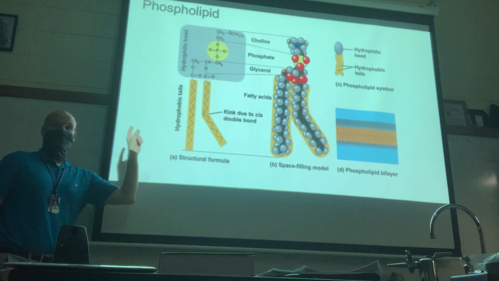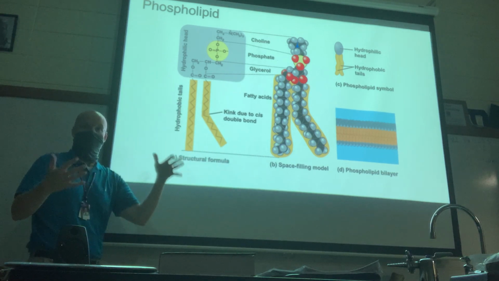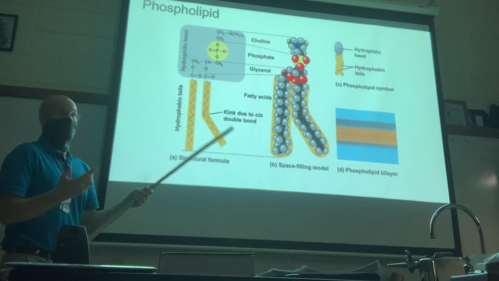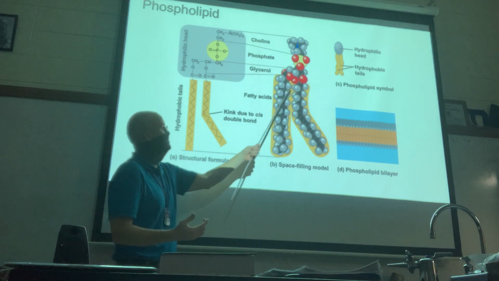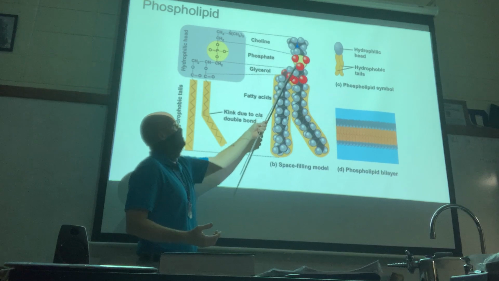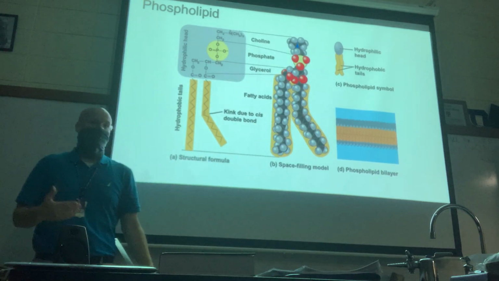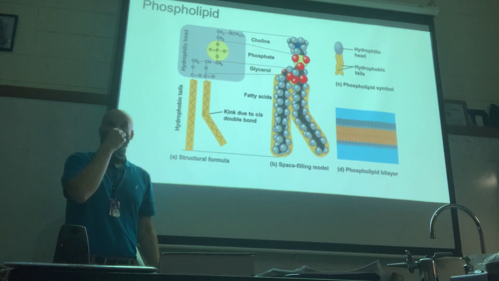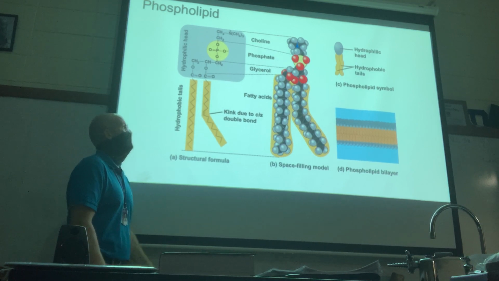A phospholipid is something we will talk a lot about in a unit or two when we get into cells. But basically, a phospholipid is a lipid. Here you see the fatty acids, these long tails that fats have. And on the opposite end from the tails, you simply have what? Why is it called a phospholipid? Phosphate. You have a phosphate group, one of the functional groups that we talked about.